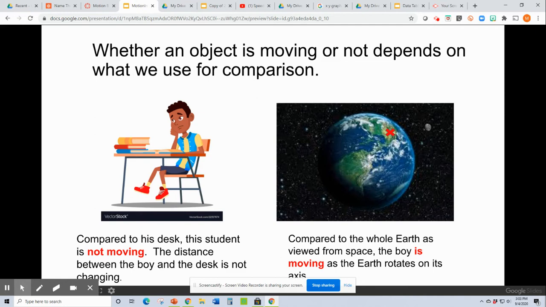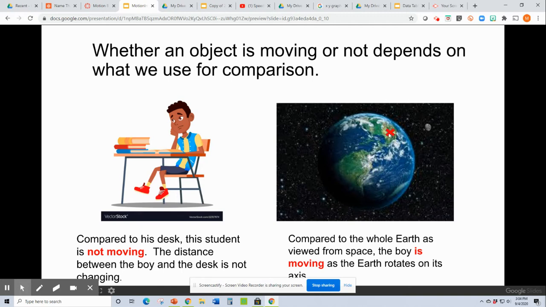But what if we change our perspective? Instead, what if somehow I could get in a spaceship and go and hover above the Earth and look down as the Earth is rotating, and X marks the spot right here. Here is still our young student sitting at his desk, not moving from his desk.